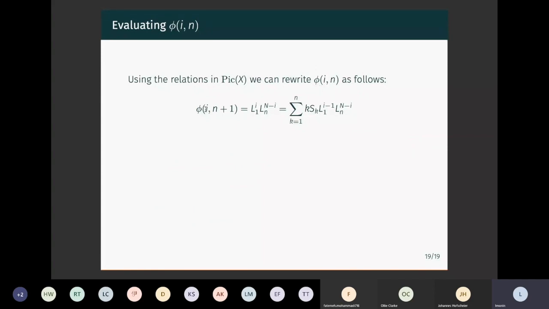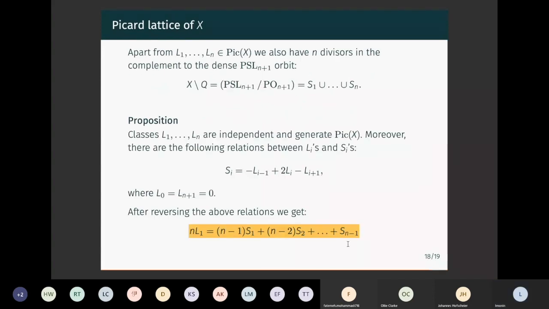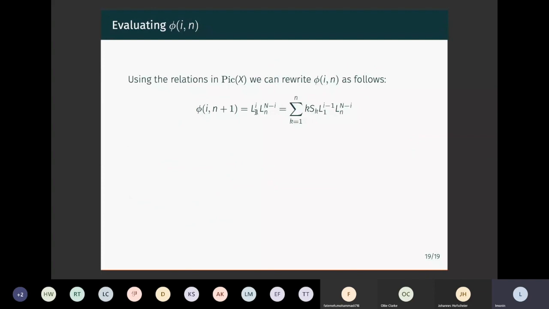By applying the above relation, we can rewrite L1 as a linear combination of Si's. Then this monomial, L1 to the i, Ln to the n minus i, of degree n minus 1, which is phi times n plus 1, is equal to the sum from k equal to 1 to n of k times Sk, L1 to the i minus 1, Ln to the n minus i. Oh, so many typos. This is not really phi, this is phi multiplied by n plus 1. But it's also not very important.